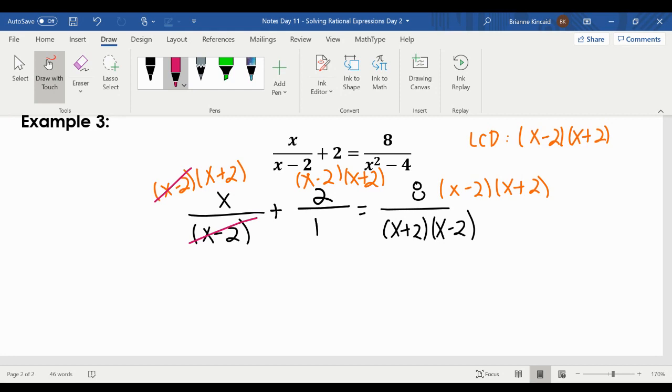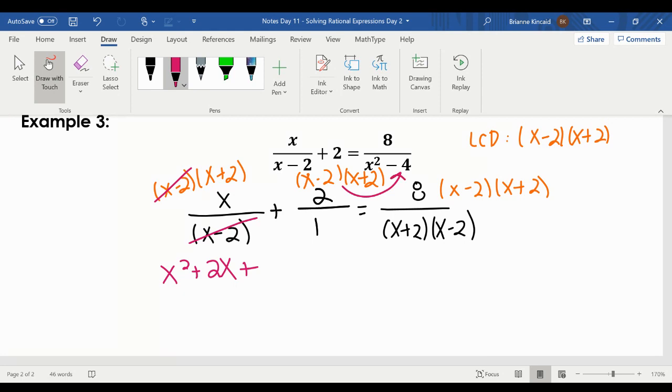Basically what you have is x times x plus 2, so that's going to give us x squared plus 2x. In the second fraction, nothing's going to cancel, so you're multiplying 2 times x minus 2 times x plus 2. X minus 2 times x plus 2, remember, was this x squared minus 4 factored.